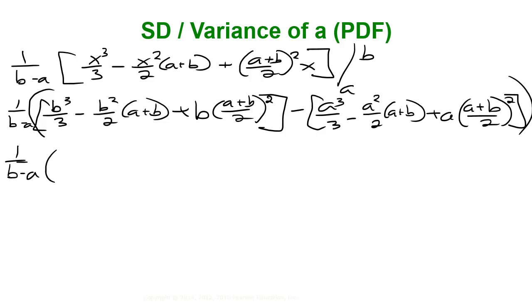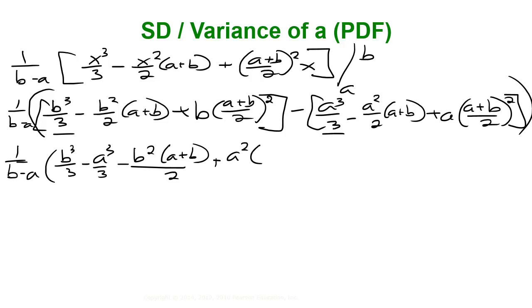All right, let's clean it up by basically bringing like terms together, right? So we're going to bring the cubes together, the squareds together, and so on and so forth. So we got b cubed over 3 minus a cubed over 3, right? This piece and this piece. And then we have minus b squared times (a+b) all over 2 plus a squared times (a+b) all over 2.